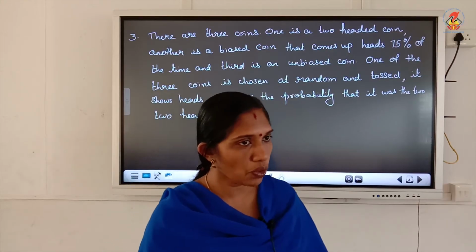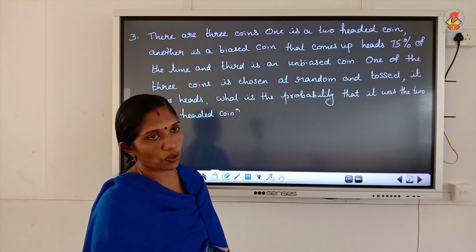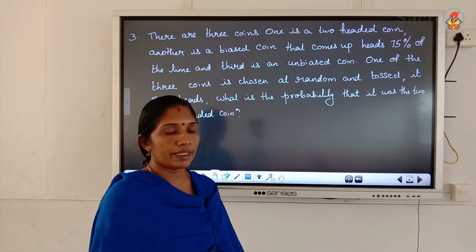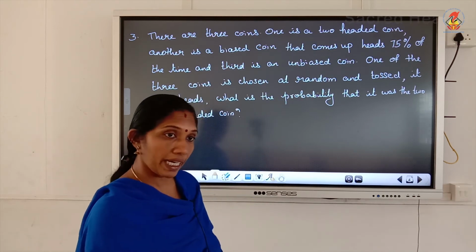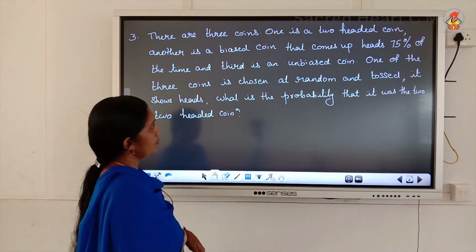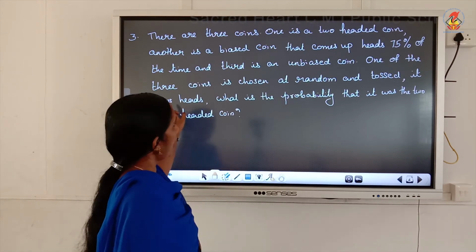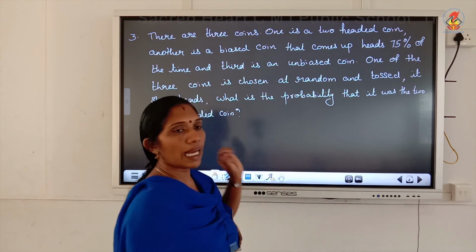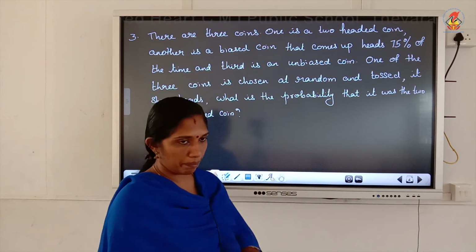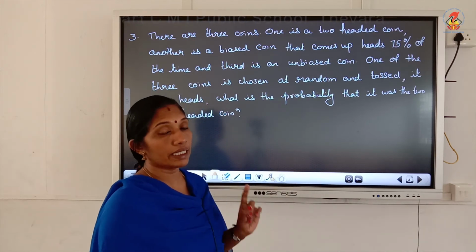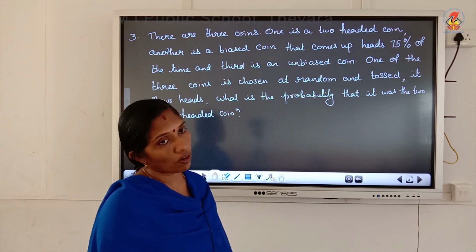There are 3 coins. We have to select one of the coins and toss it. Then check how many heads appeared. Then what is the probability that it was the two-headed coin? And here it is given, it shows heads. So head appeared. Then what is the probability that it was the two-headed coin?